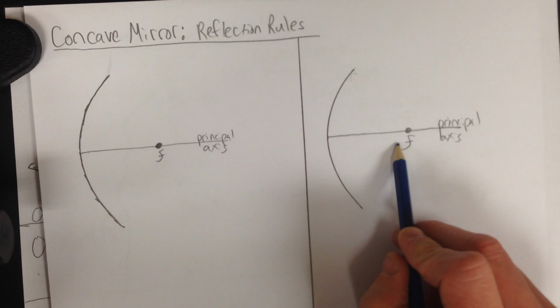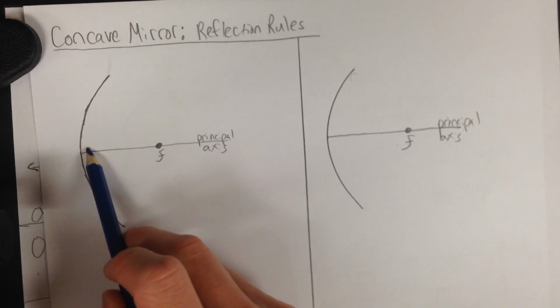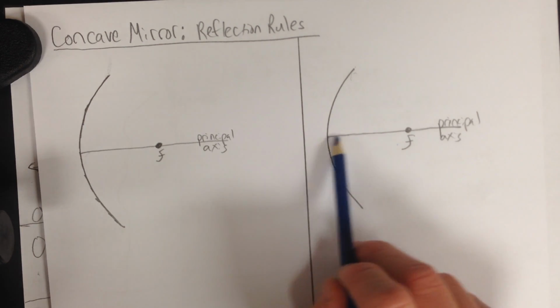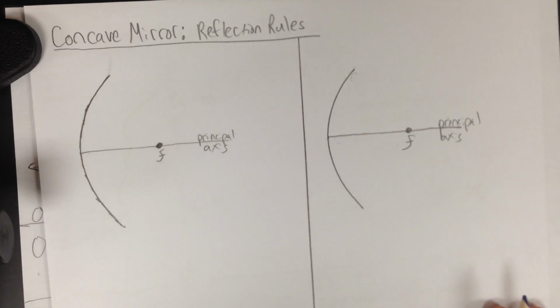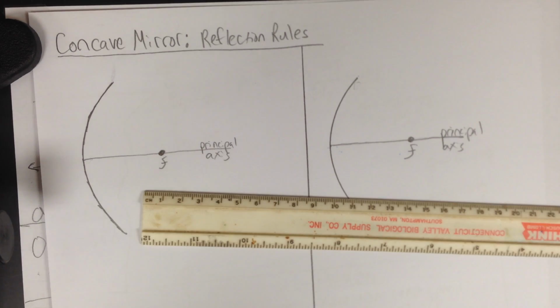And we labeled the focal point, and we labeled the principal axis. The principal axis is right in the middle of the mirror. It's the horizontal line that comes straight out of the center of the mirror, right? So draw yourself 2 mirror diagrams like this. And what we're going to draw on these diagrams is the reflection rules for a concave mirror. You're going to need a ruler for this part to make sure you have perfectly horizontal lines and perfectly straight lines even.